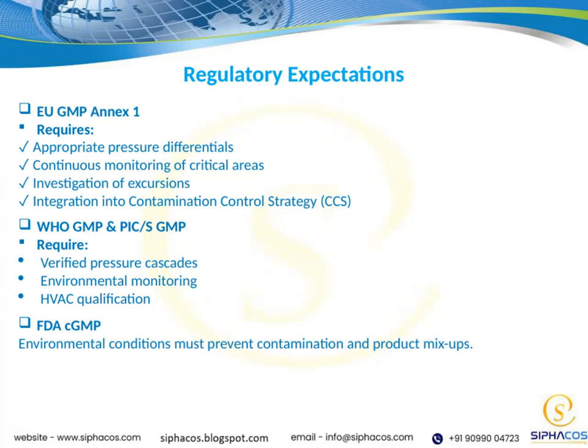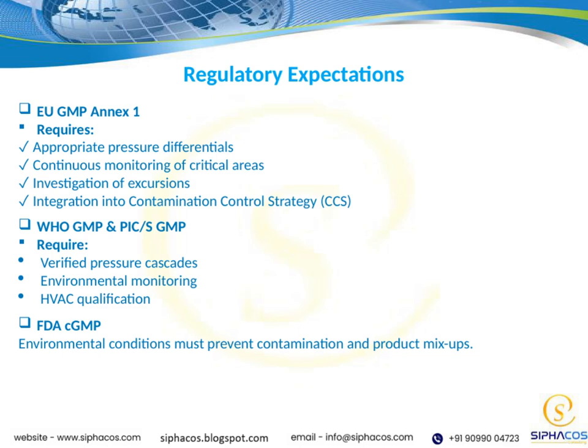When it comes to regulatory expectations, there are some key requirements we need to keep front and center. The EU GMP Annex 1 calls for appropriate pressure differentials and continuous monitoring of critical areas. It also demands thorough investigation of any excursions, and that all of this ties into a broader contamination control strategy.